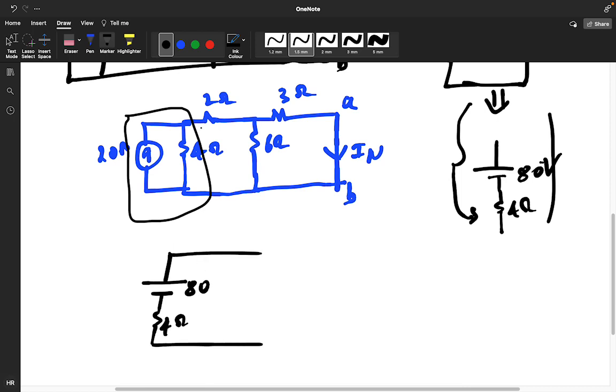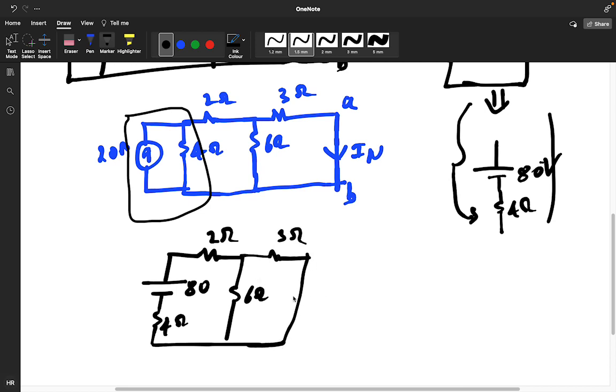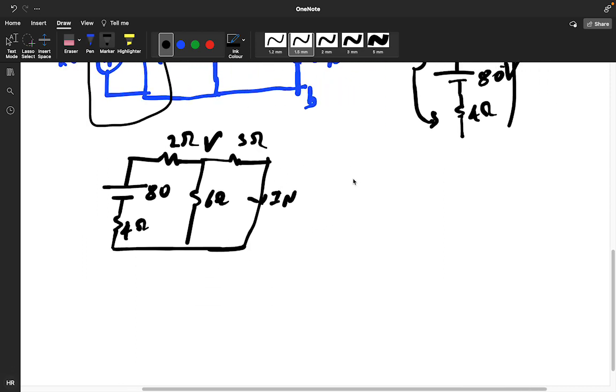So we make this particular thing like this with 80 volt and 4 ohm, this is 2 ohm, this is 6 ohm, this is 3 ohm, and you need to find this IN current. So assume V. Now the calculation will be very easy. (V minus 80) divided by 6 plus V by 6 plus V by 3 is equal to 0.